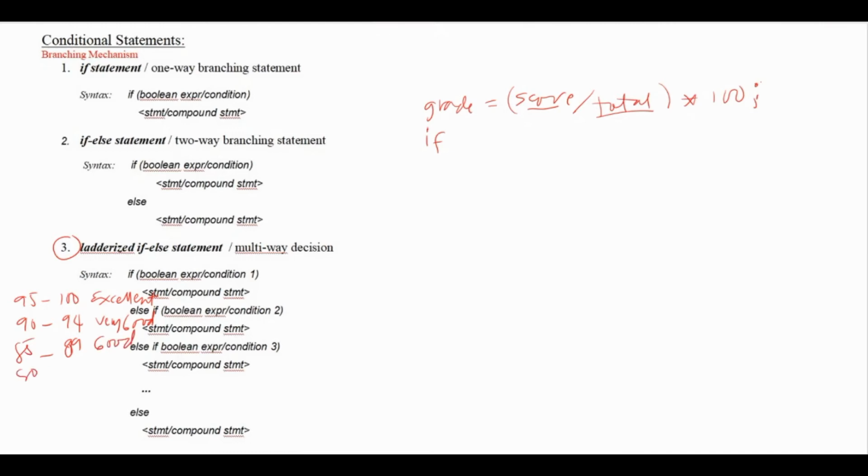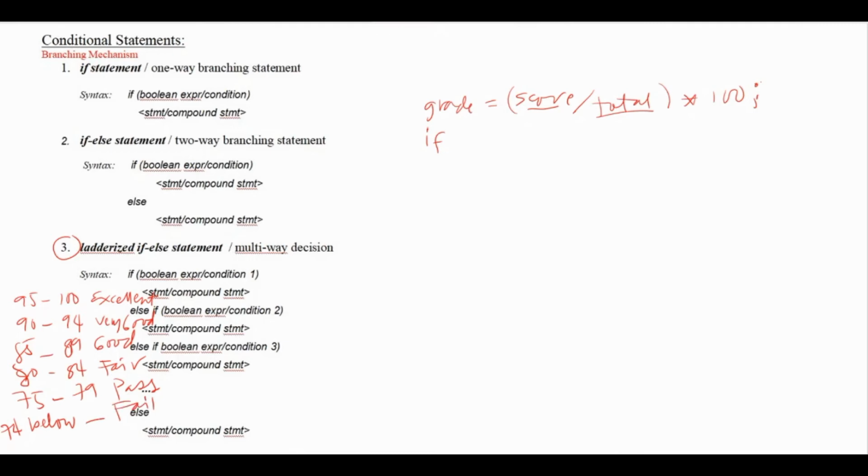If it is 80 to 84, we would want to output fair. If it is 75 to 79, we would say pass. And if it is 74 and below, we will output fail.